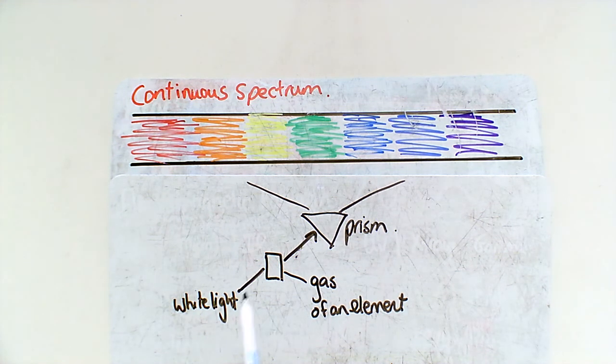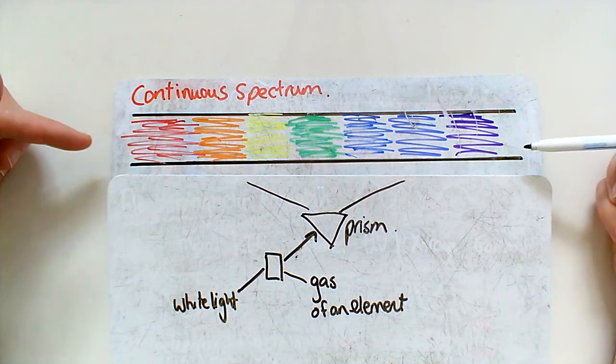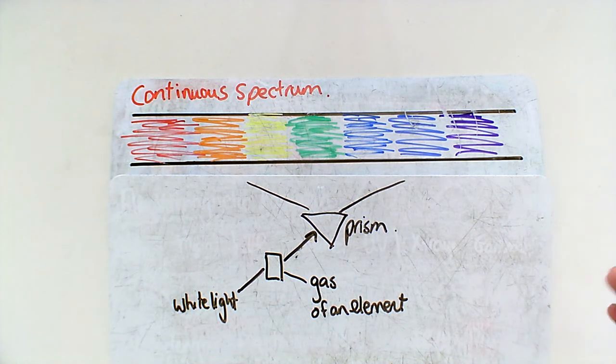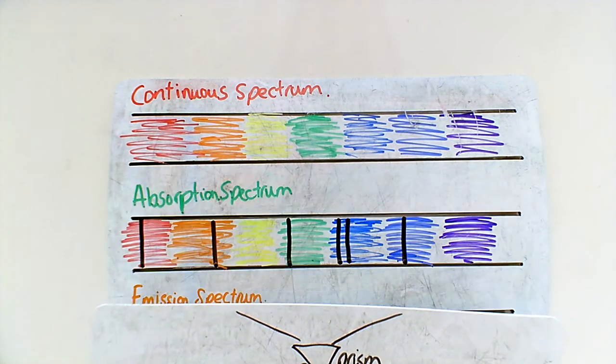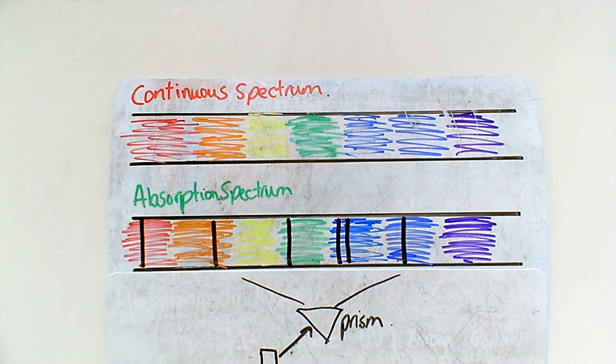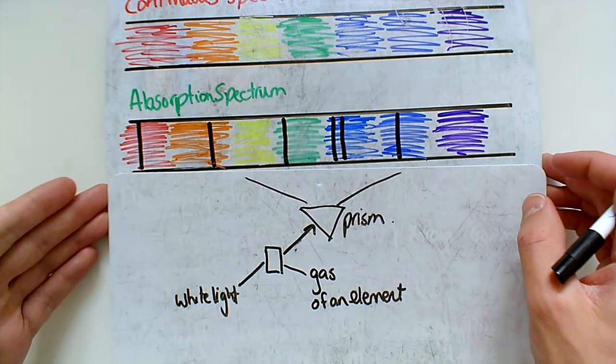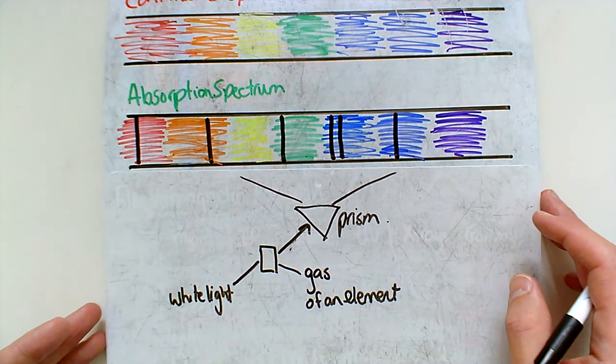What happens is that the gas is going to absorb some of the wavelengths of light. The rest of the light will pass through the prism, and we'll get a spectrum, but there'll be some lines missing. And what we get there is an absorption spectrum. So this time we see all the colours, but there are some lines missing, and those are the lines that have been absorbed by the sample. Let's move that up. That's been lost by the sample.